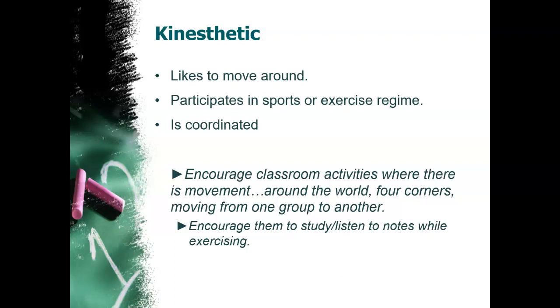The way to reach this type of learner is to encourage classroom activities where there's movement from your instructional methods. For example, around the world, four corners, learning stations, moving from one group to another. And if you encourage them to study and listen to their notes while exercising, sometimes that's helpful.